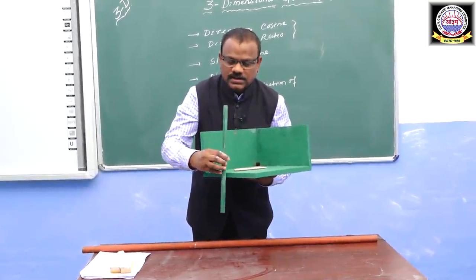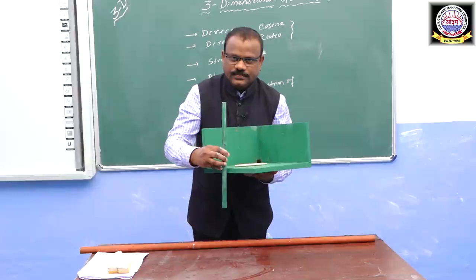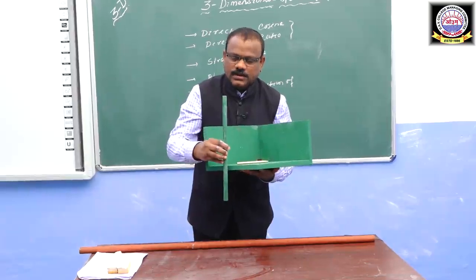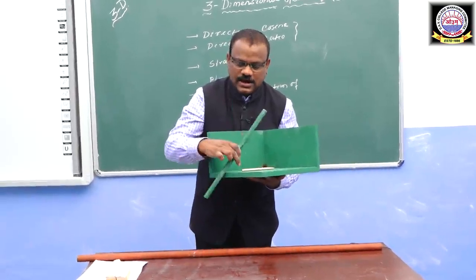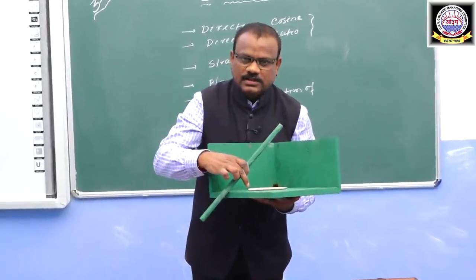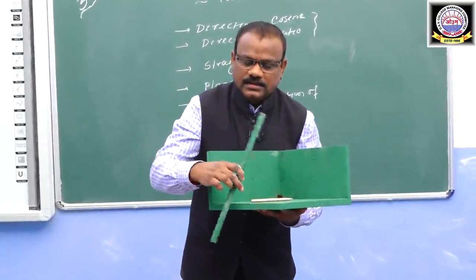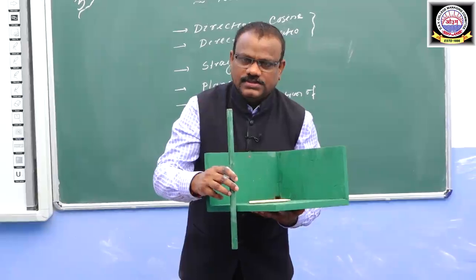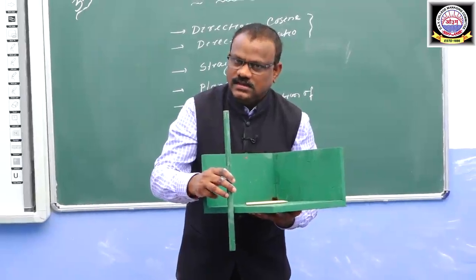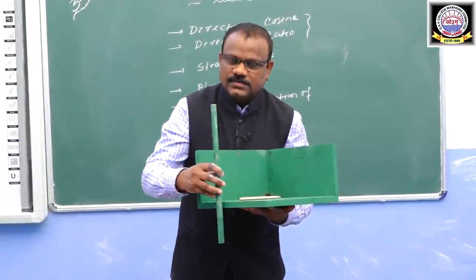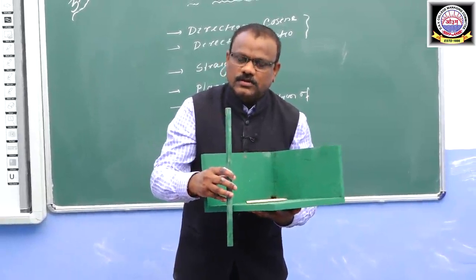So A cross B is perpendicular to the C vector. If you do the dot product of A cross B and C, the two vectors are perpendicular to each other, so the dot product will be 0.